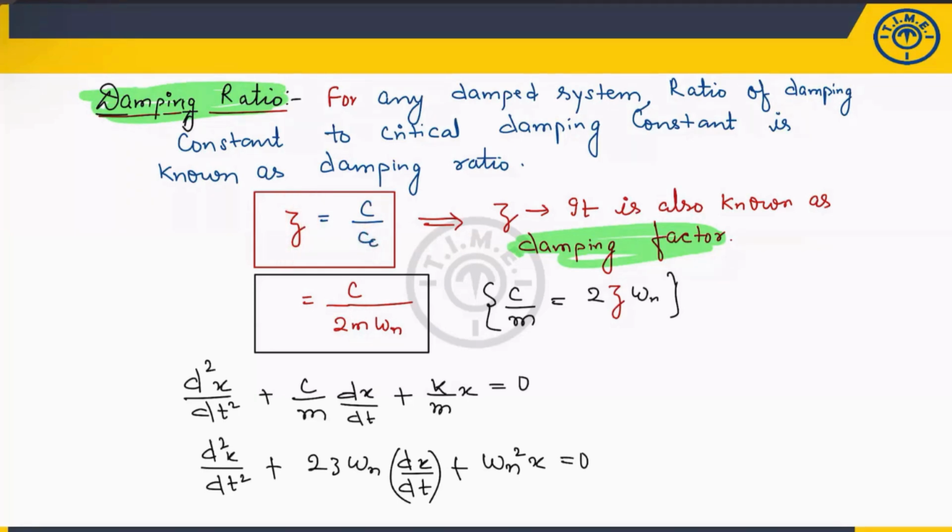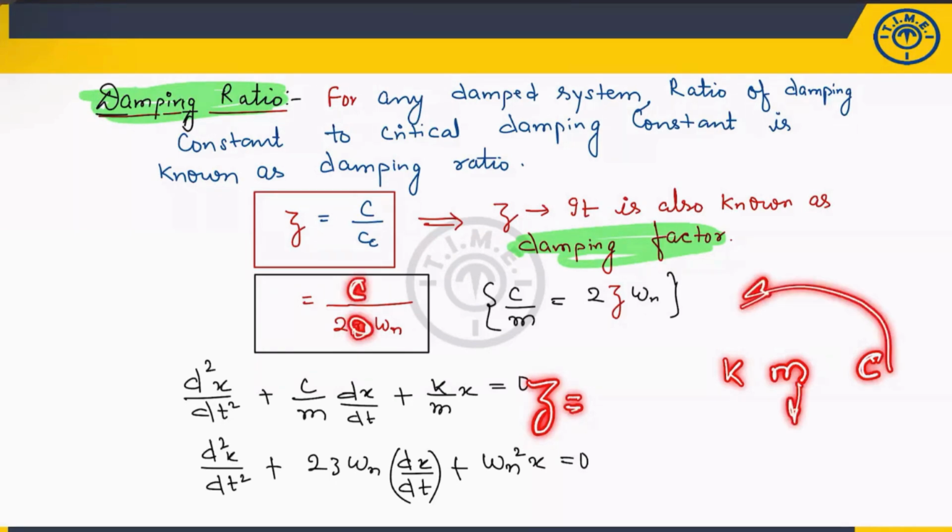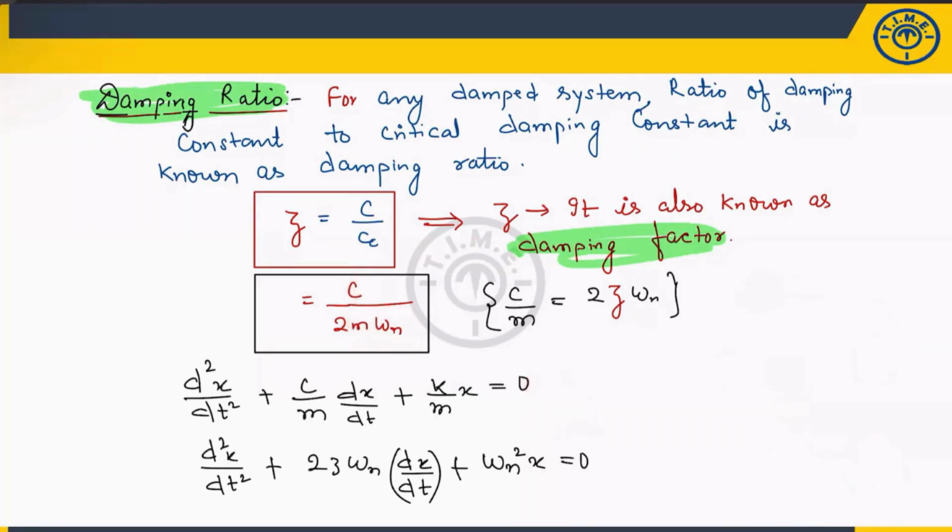If C, m and omega n are given, you can calculate zeta, because zeta is C by 2m omega n. For example, if I give you k, m and C and want the value of zeta, how will you calculate? C and m are given, and you know the natural frequency formula is root of k by m. If you remember this relation, you can easily solve questions based on damping ratio zeta.